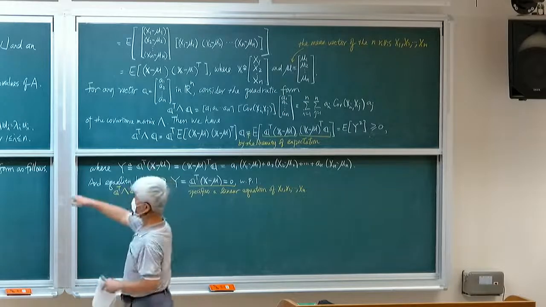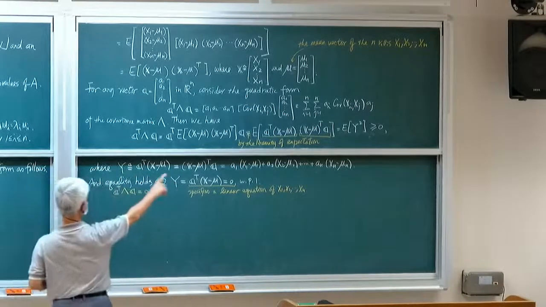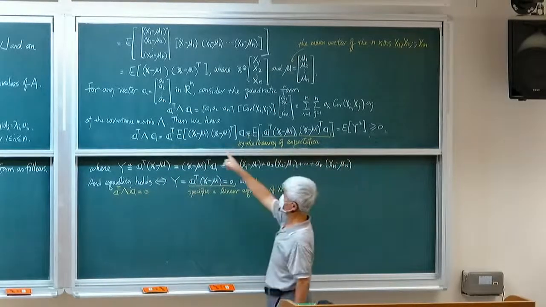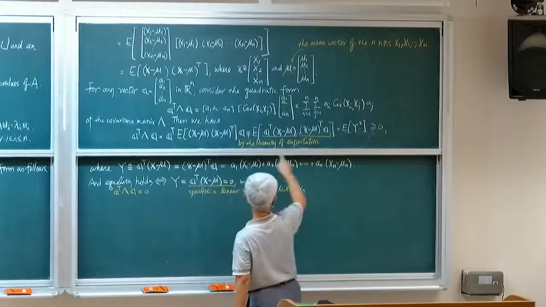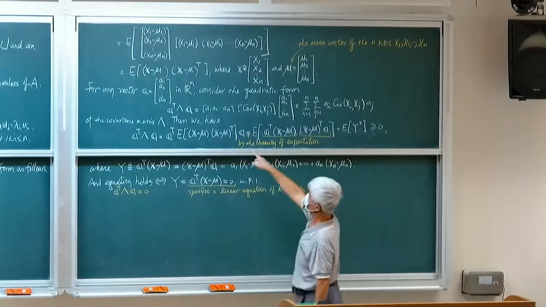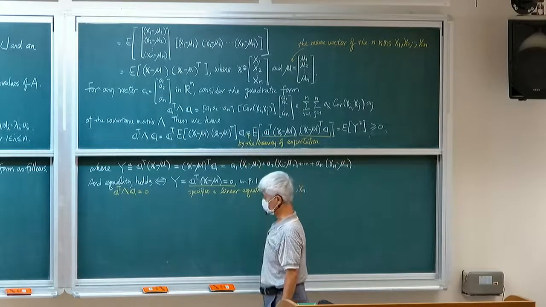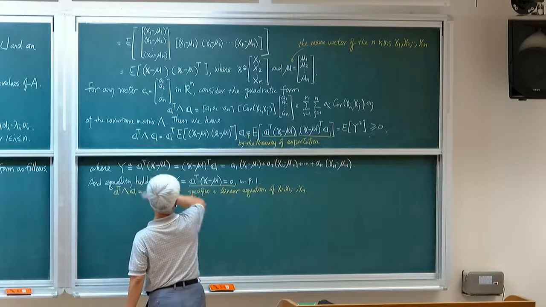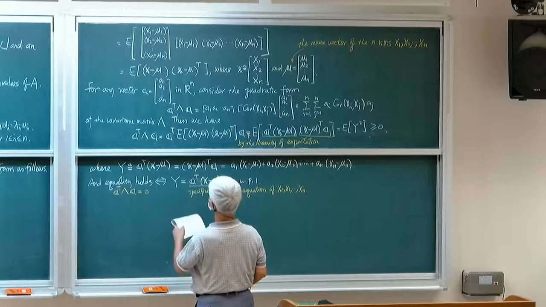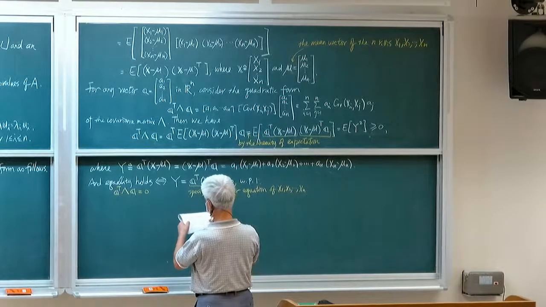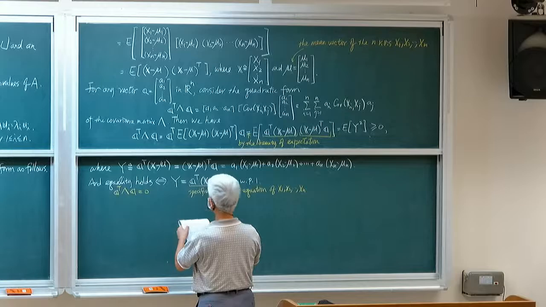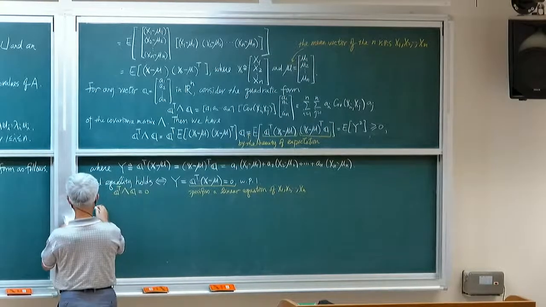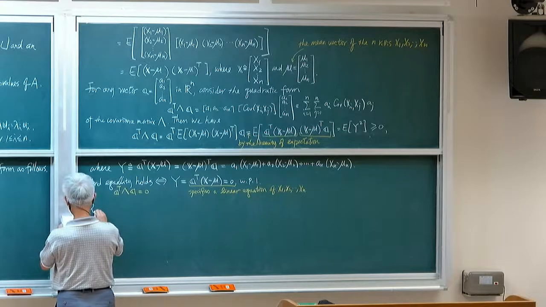All right, so now we know something, especially the quadratic form will be non-negative for all vector a in Rn. Okay. All right, so this property is related to a concept.